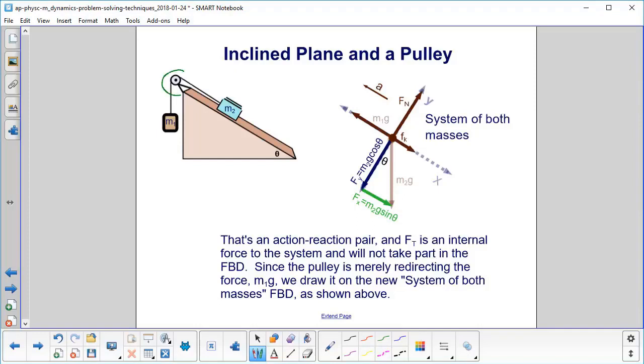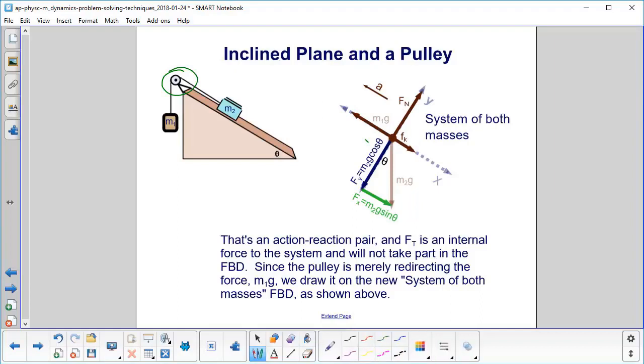Since our pulley here is merely redirecting the force M1G, we're going to draw it right over here, right? Whether it's going like this or curving around, it has the same impact on our system to move it in a counterclockwise direction. So we will draw it, and let me get rid of these extraneous pictures here.